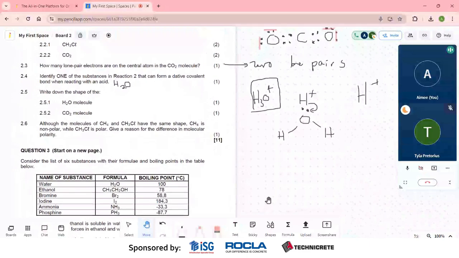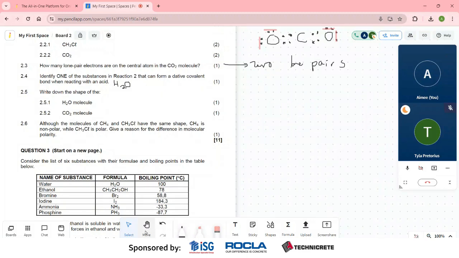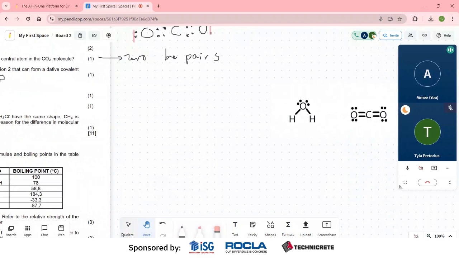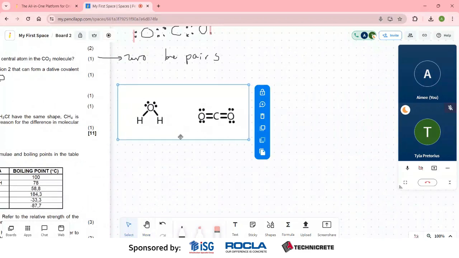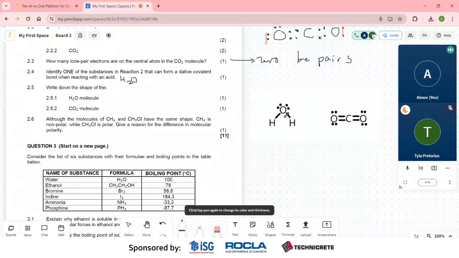Question 2.5 says, write down the shape of the H2O molecule and the CO2 molecule. I have a little diagram here to help us. So if you have a look, here's your water molecule, and here is your carbon dioxide molecule. Okay? And they're saying, what is the name of the shape of H2O and CO2? Again, guys, this is study work.